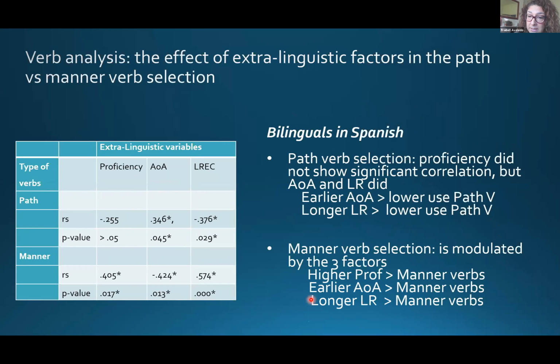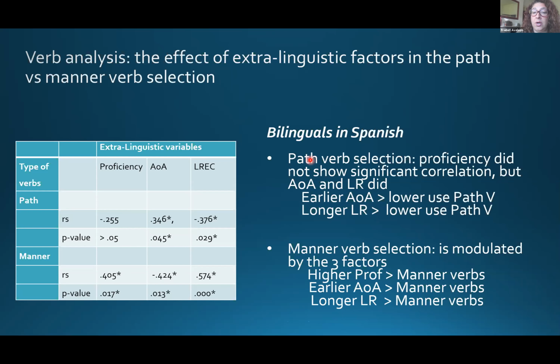Very interesting, although we observed before that when bilinguals produce in Spanish, you remember I said they are behaving like prototypical Spanish speakers, when we analyze the extralinguistic factors, we observed an effect of the variables in the speakers.